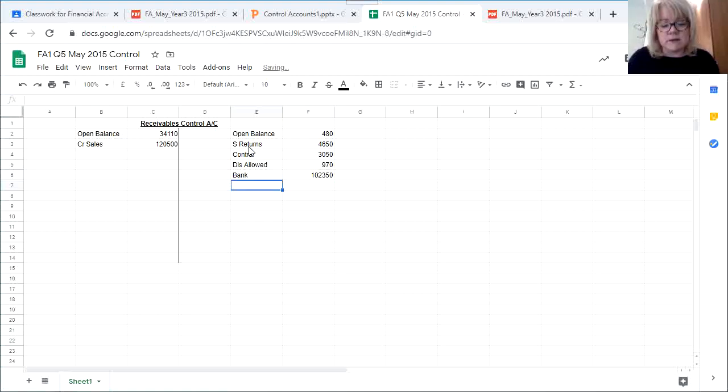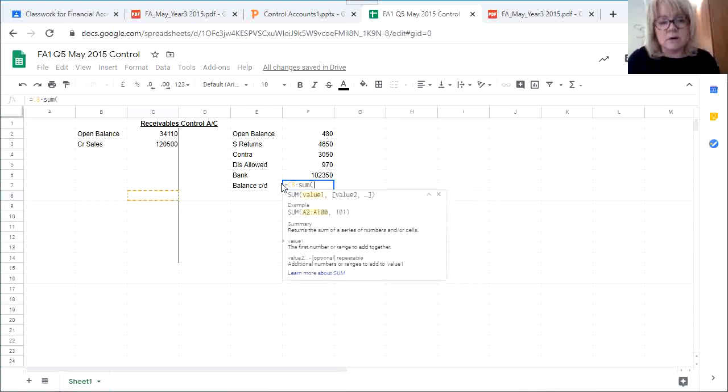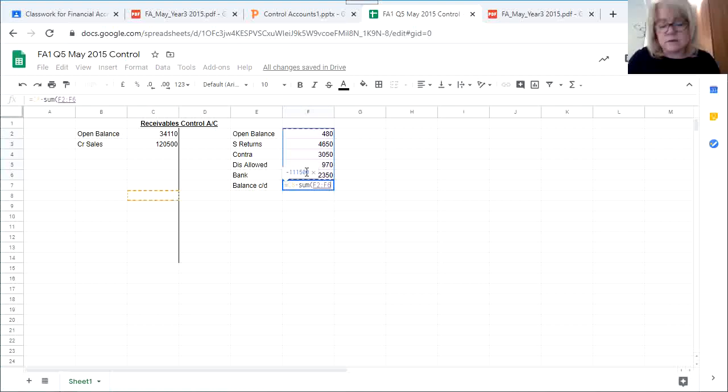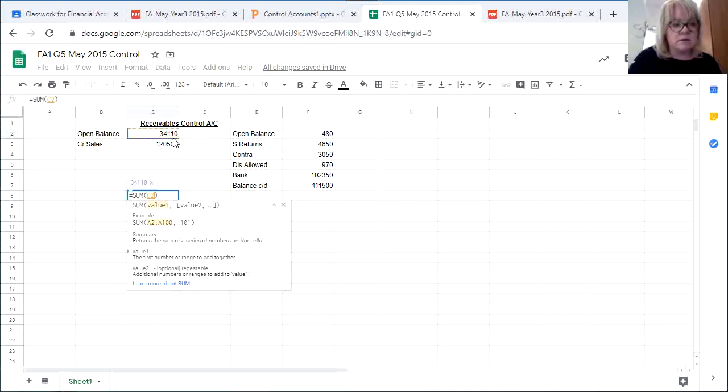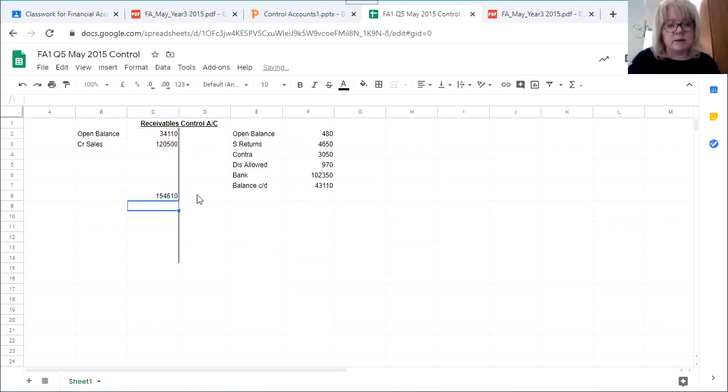And that allows me then to balance the account, and the balance to be carried down will be equal to the total of the debit minus the sum of the credit side. So that's not going to mean anything until I actually put in a total there, so I'm just going to total that, and it'll balance then for me. So my balance there is 43,110.